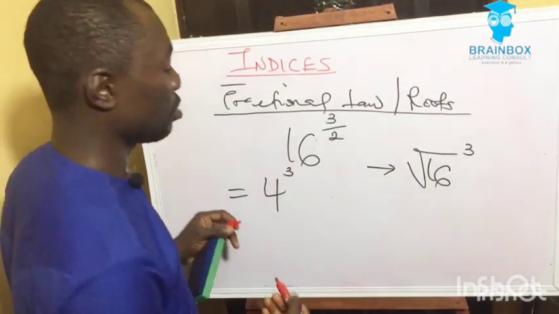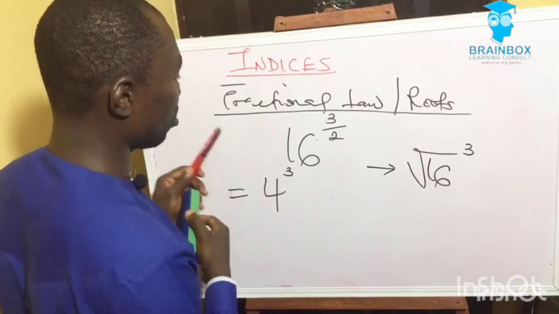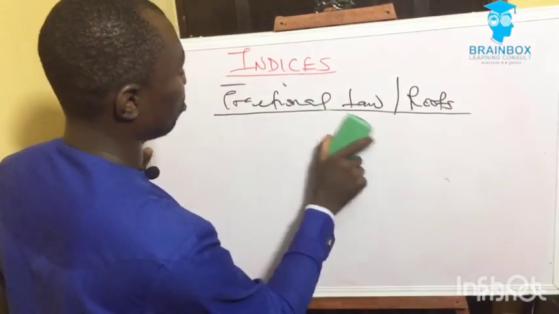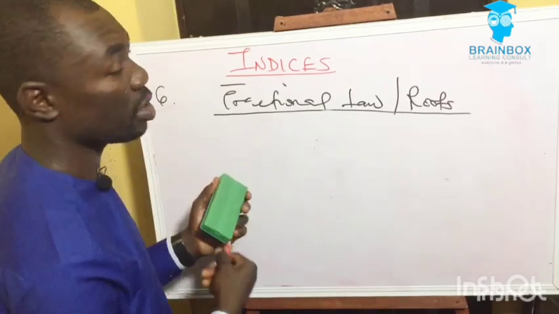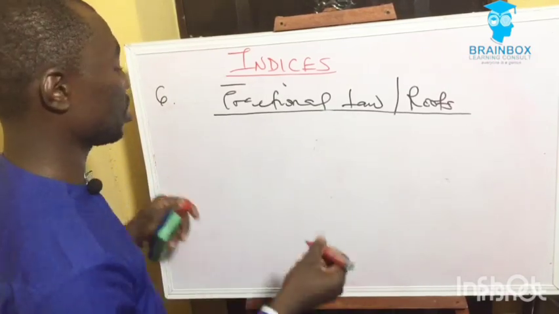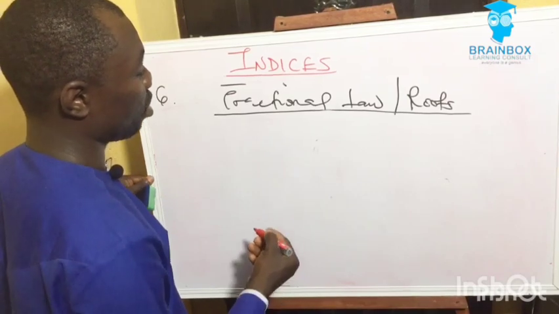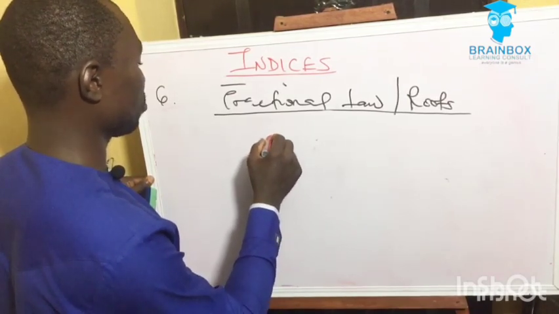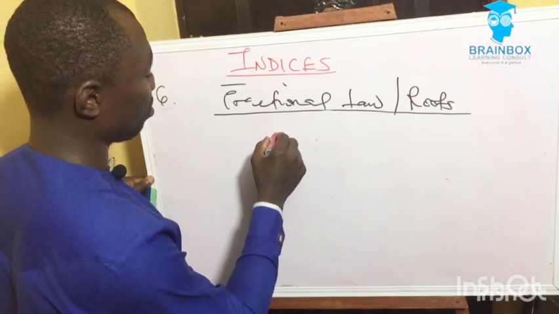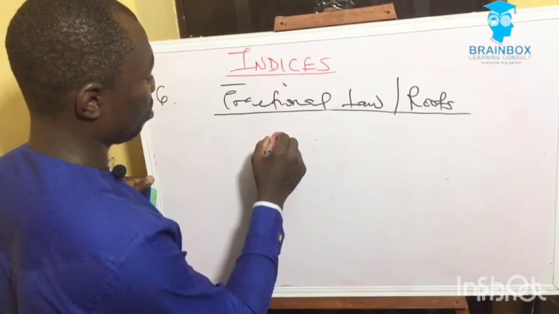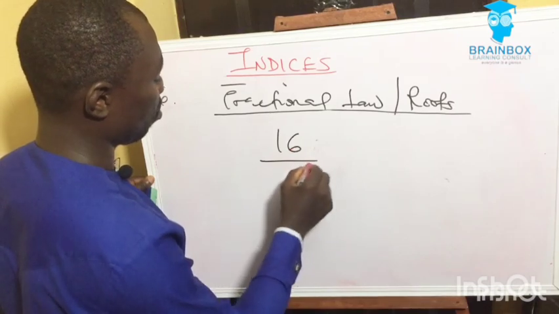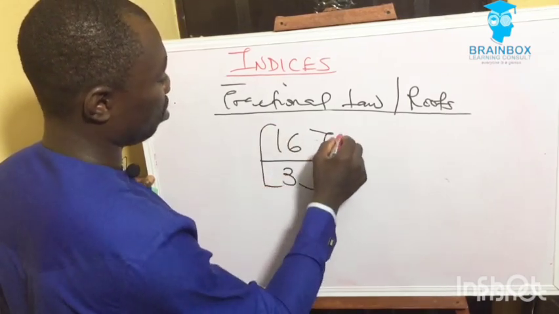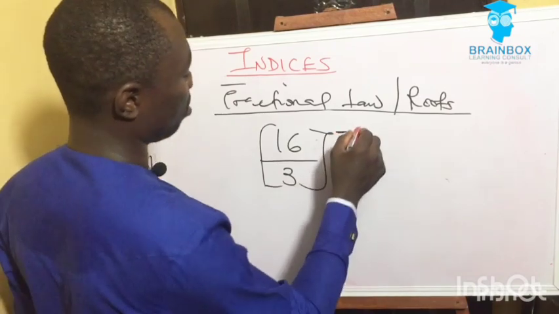We can also continue. Let's talk about fractions now. Like I told you before, I think I've explained this part. For instance, when it comes to a fraction, maybe we have 16 over 3, raised to the power of minus 4.